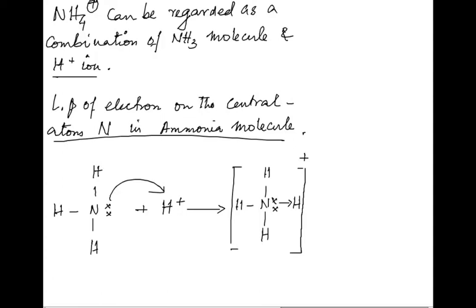One thing to be noted is that the formation of the ammonium ion is a kind of Lewis acid-Lewis base reaction. Here ammonia, which has a lone pair of electrons, is an electron pair donor. So this can be regarded as a Lewis base, since a lone pair donor is a Lewis base, and a lone pair acceptor can be regarded as a Lewis acid. So H plus can also be regarded as an acid according to the Lewis concept.